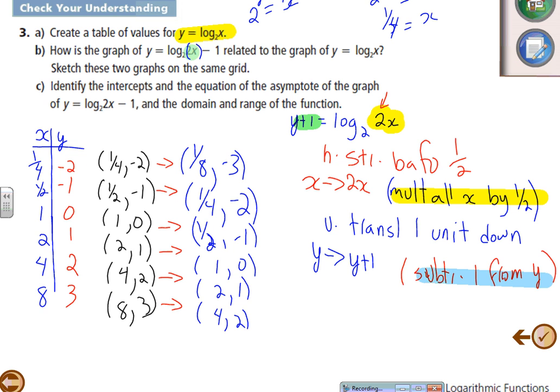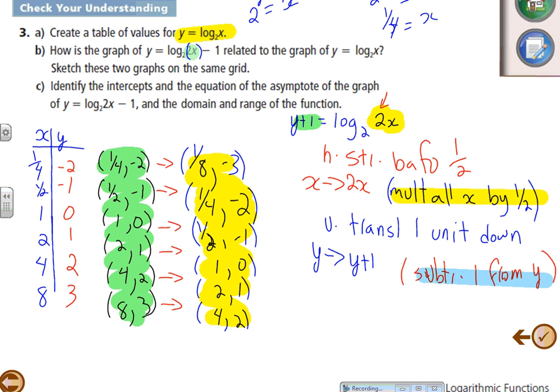And let's plot them. And plot the original. See what that graph looks like. Then we start plotting the next one. This is quite interesting. I'm going to start highlighting from here. 1/4, negative 2. Ooh. Look at that. 1/2. That's quite interesting.